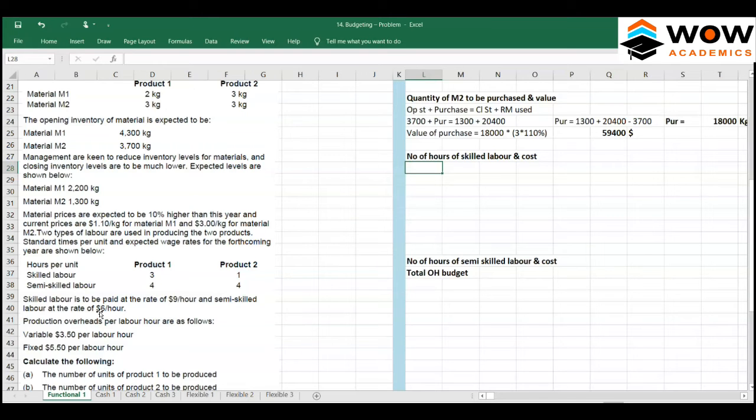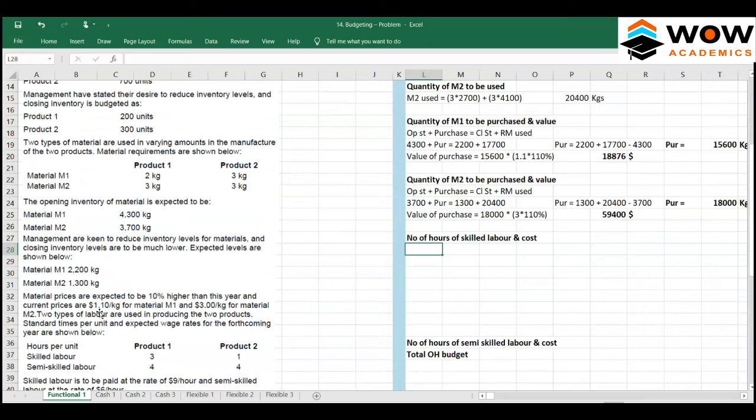So we can start working. So there are two elements here. One is the number of skilled labor hours, and the other one is the cost of skilled labor.